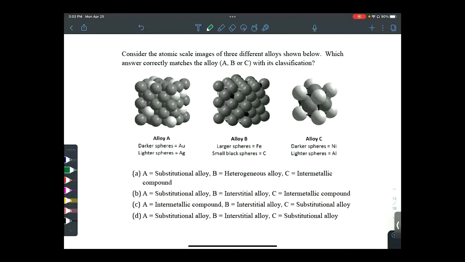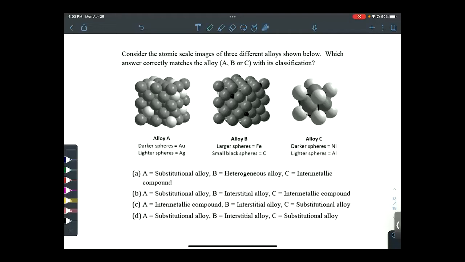A lot of the metals that we work with on an industrial scale are actually alloys, because the pure metals typically don't have the right characteristics that we want. So we oftentimes mix metals with other metals to get the right properties, like anti-corrosion, strength, things like that. Stainless steel, those things are all alloys.